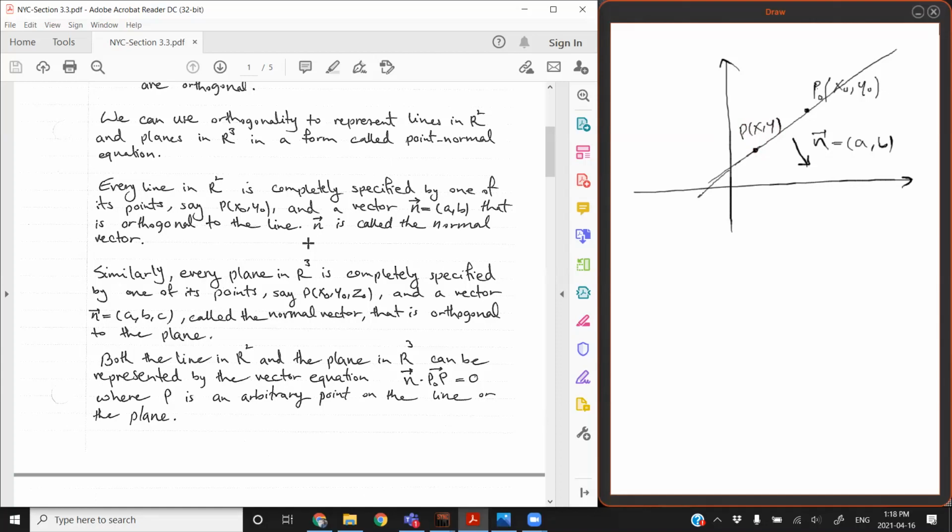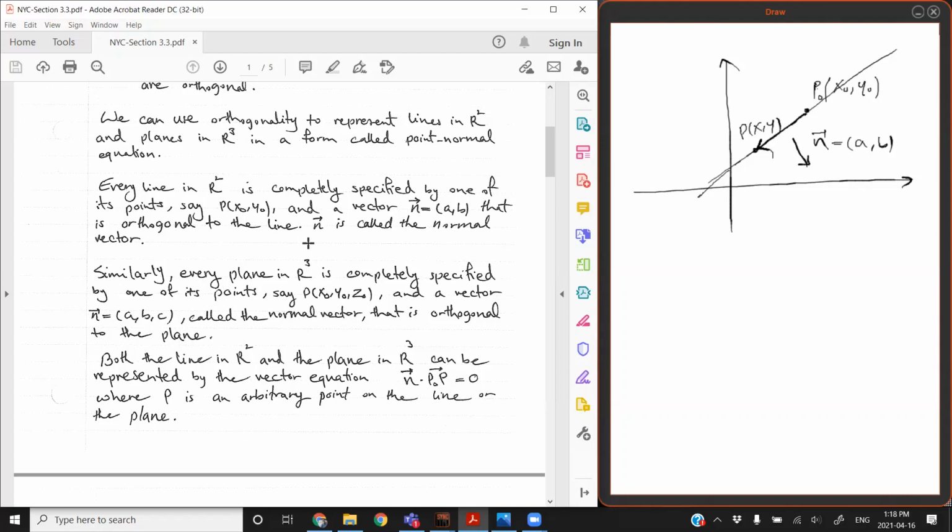Now think of the vector that goes from P0 to P. You agree that for any point that is on the line, the vector P0P would be orthogonal to n. And for any point that is not on the line, the vector P0P will not be orthogonal to n.